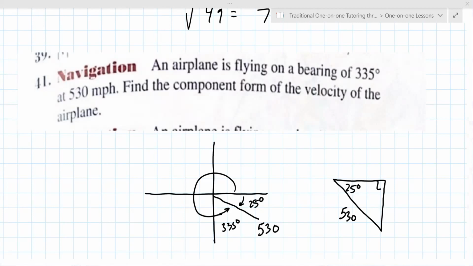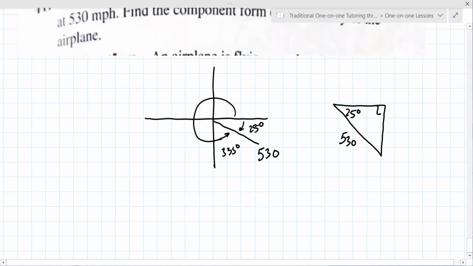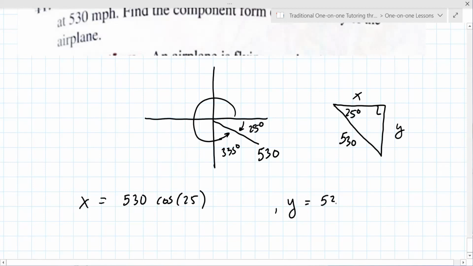So to find the component form, we said this is x, and this is y. X is 530 cosine 25, and y is 530 sine 25.